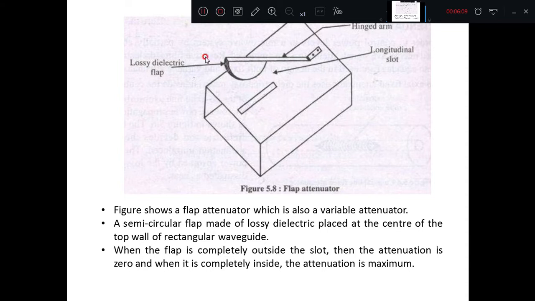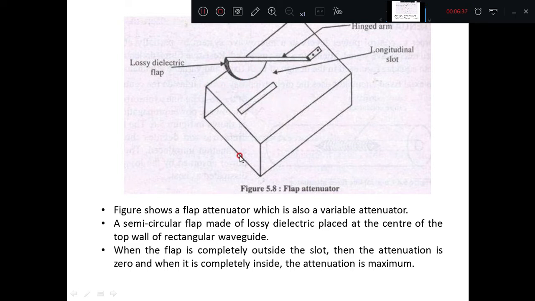Here is another kind of attenuator you will come across, the flap attenuator. This is also known as a variable attenuator. Here a flap of semicircular shape is made up of lossy dielectric and is placed at the center of the top wall of the rectangular waveguide.